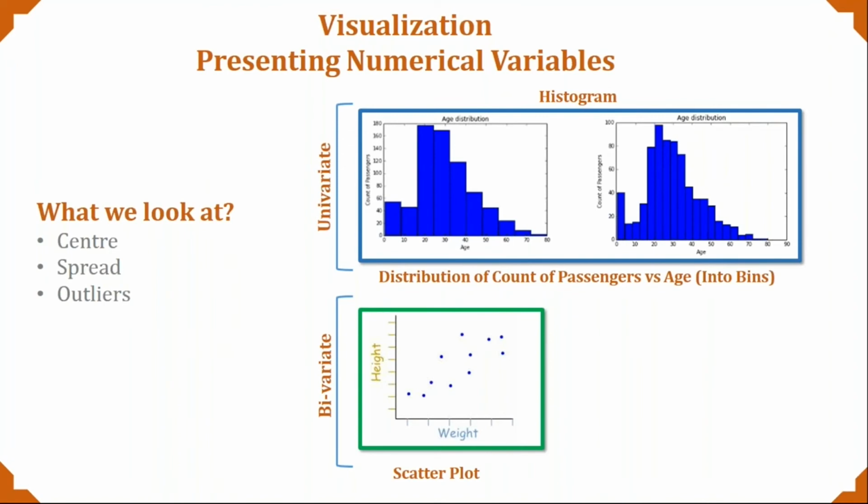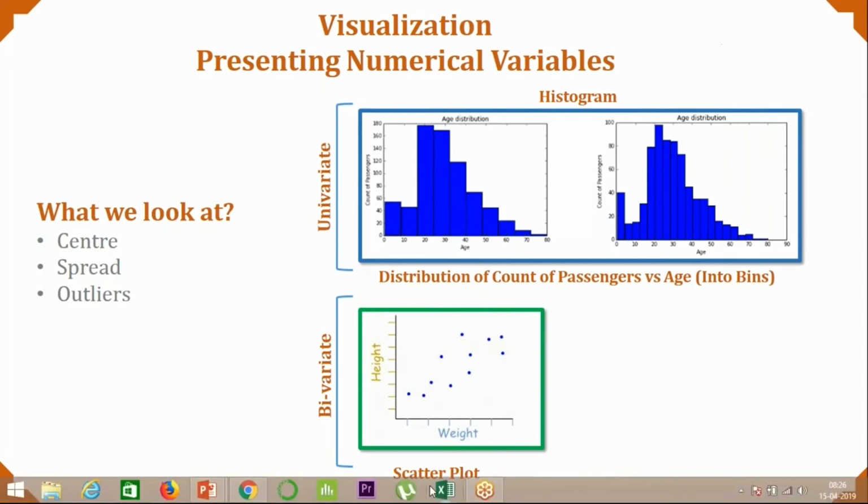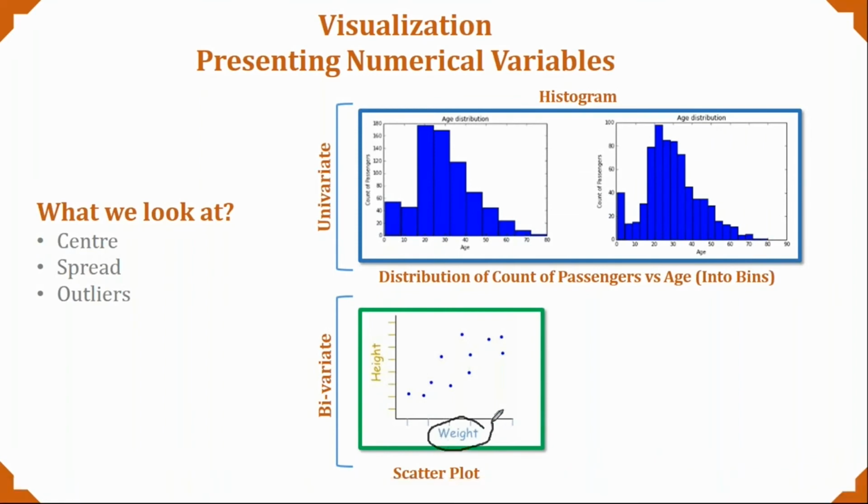In a scatter plot, your x-axis will always represent one variable, and your y-axis, the vertical axis, will represent your second variable.